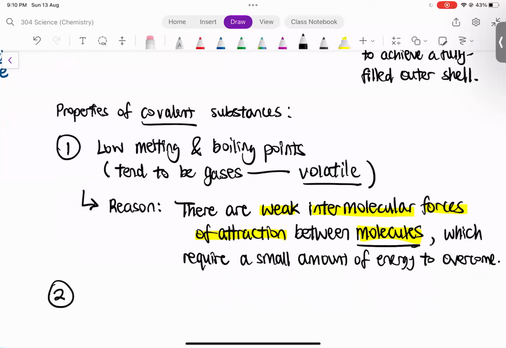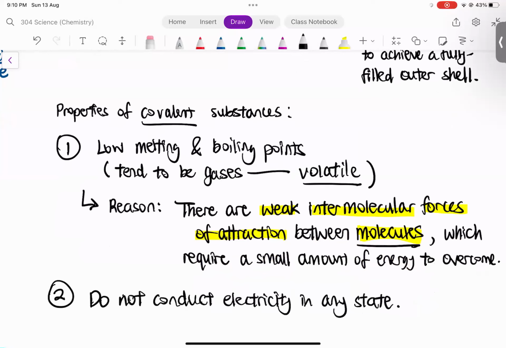Next, covalent substances, unlike ionic compounds, do not conduct electricity in any state. So for example, CO2 is not a conductor of electricity, regardless whether it's a solid or a gas.